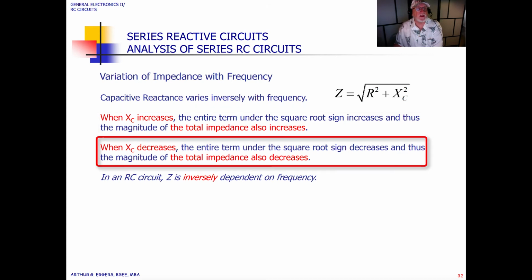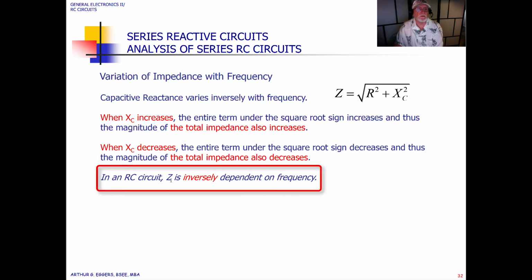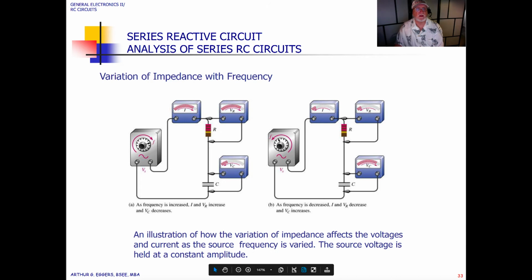When X sub C decreases, the entire term under the square root sign decreases, and thus the magnitude of the total impedance also decreases. So in an RC circuit, the impedance Z is inversely dependent on the frequency.